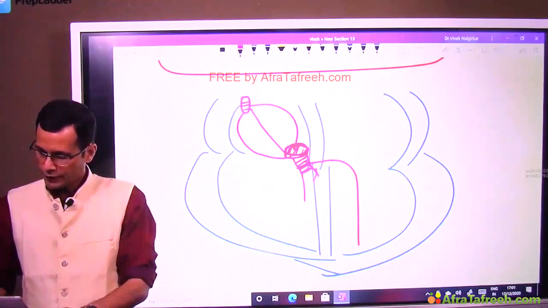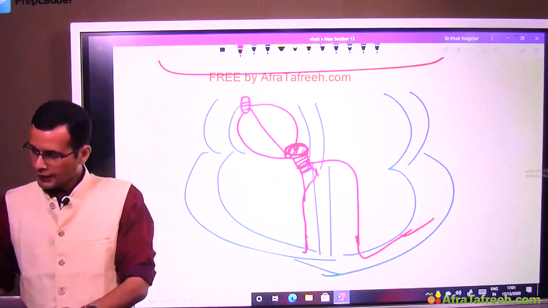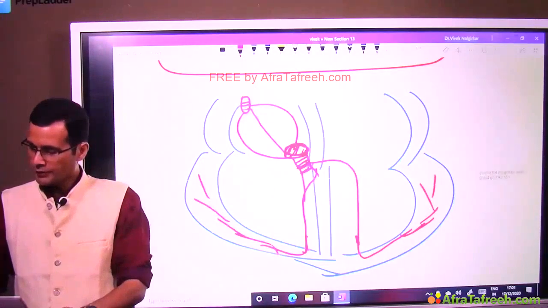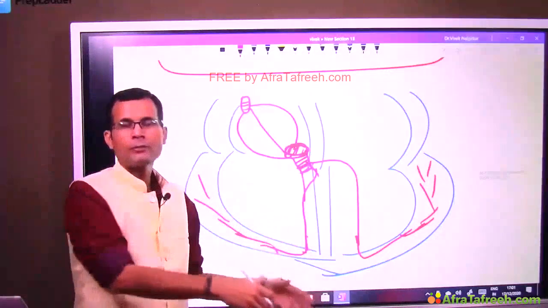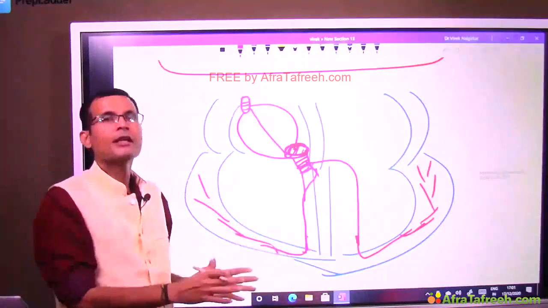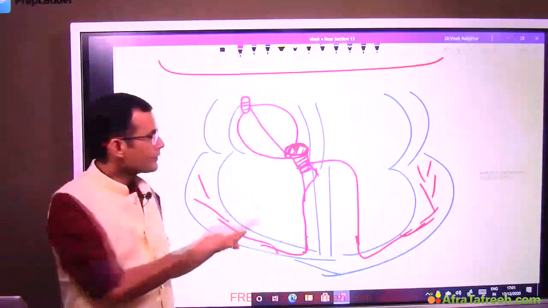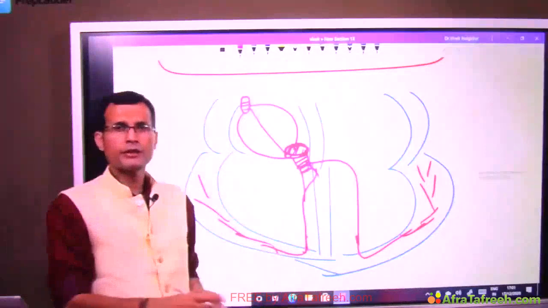And finally, from the apex, there are Purkinje fibers, which finally merge into the ventricular muscle fibers. Merge in the sense that they will excite the ventricular muscle cells. So this is the conducting system of the heart.